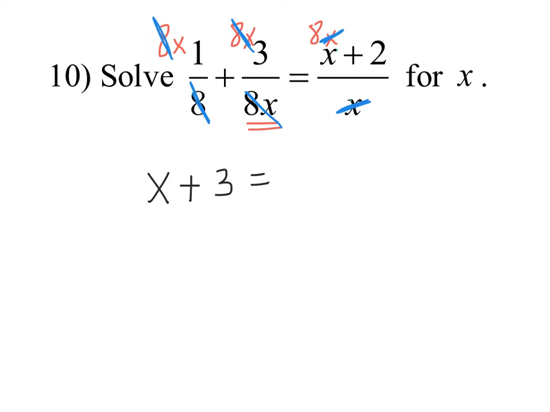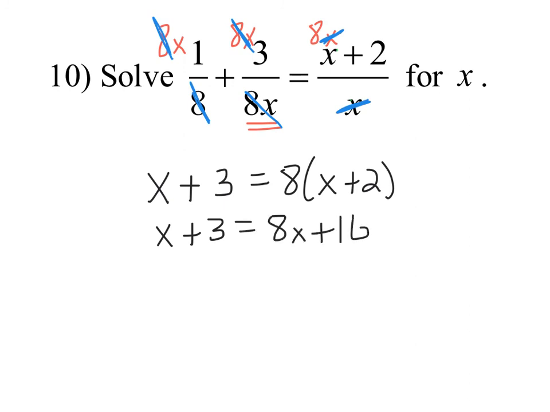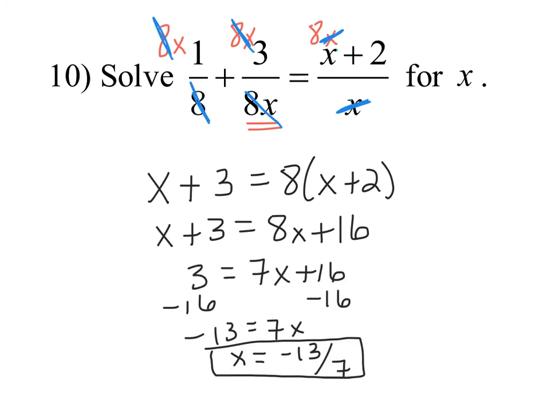And the next one, I have an 8 times x plus 2. So in this case, we're going to multiply through 8 times x plus 8 times 2. So we're going to go ahead and write down our equation. And I have 8x plus 16. And then I'm just going to solve for x. Okay, so after I finished solving this out, I got x equals negative 13 over 7.